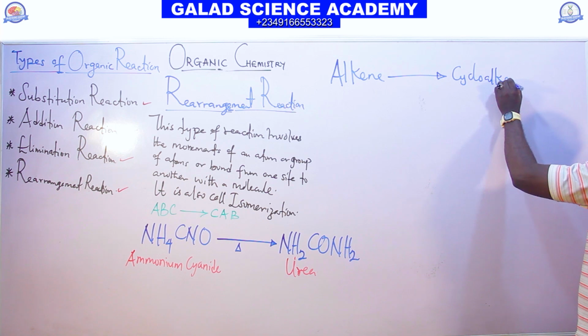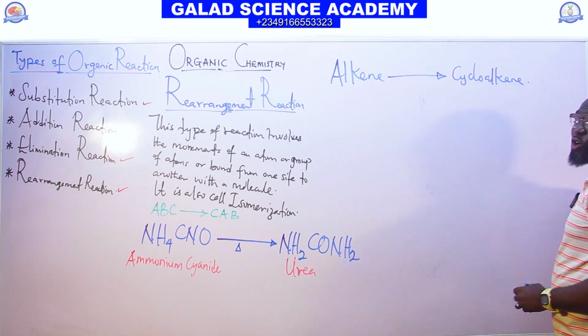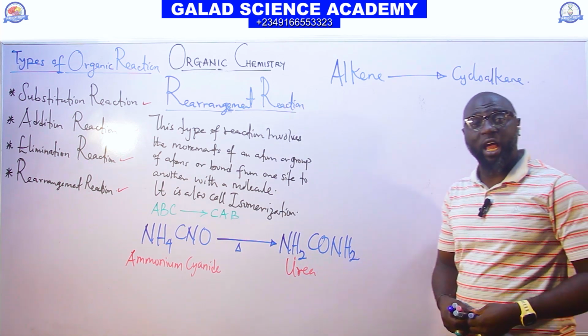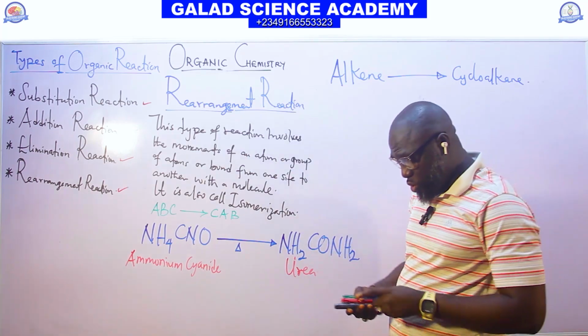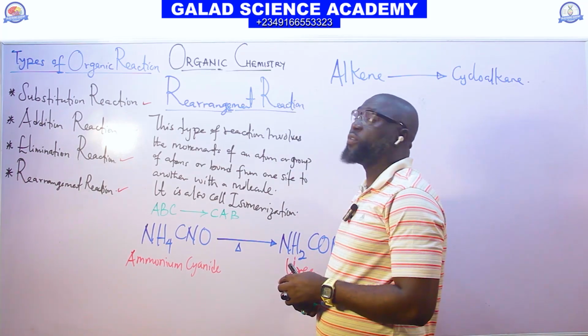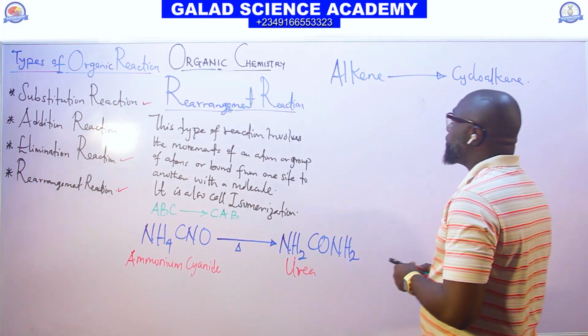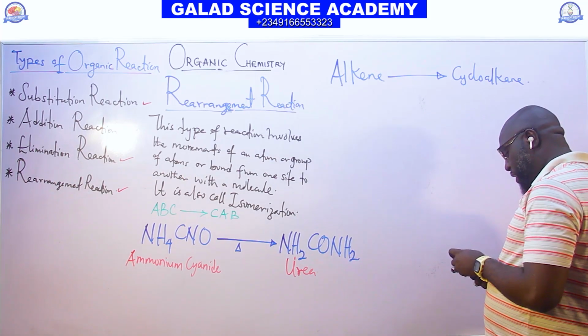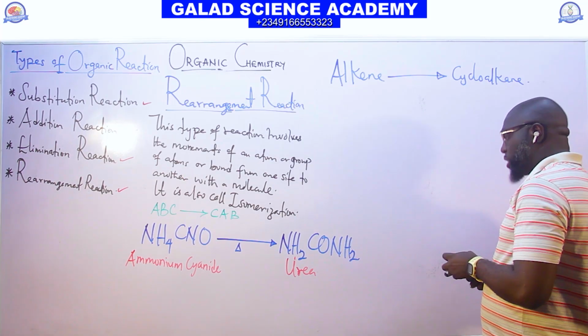Cycloalkane. So the conversion of alkene to cycloalkane is also a good example of rearrangement reaction.